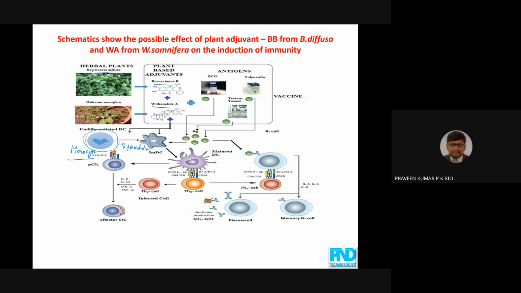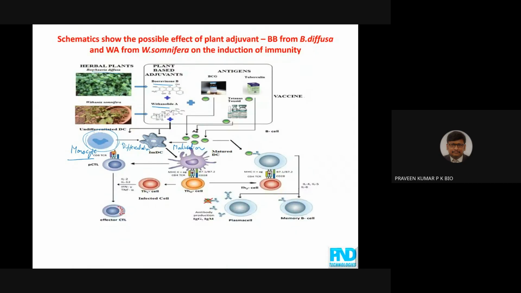The next process, to bring the immature cell into the form of a mature dendritic cell, is called maturation. So we checked whether these plant compounds can be involved in differentiation and maturation.